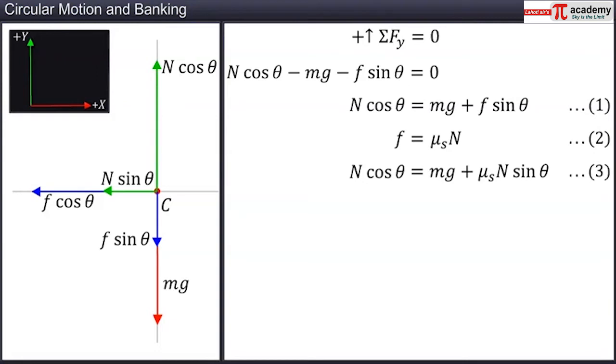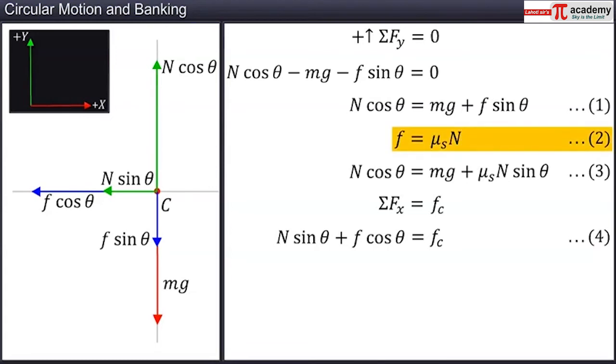The car experiences acceleration acting towards the center of curvature. This is the centripetal acceleration, and the force required for this acceleration is the centripetal force Fc. Centripetal force Fc is equal to the net force acting along x direction. This gives us equation 4 as N sin theta plus F cos theta equals Fc.